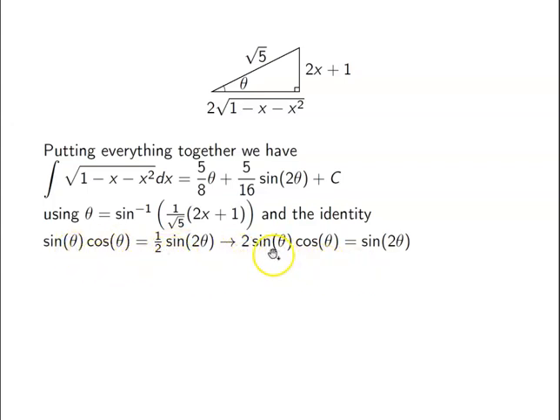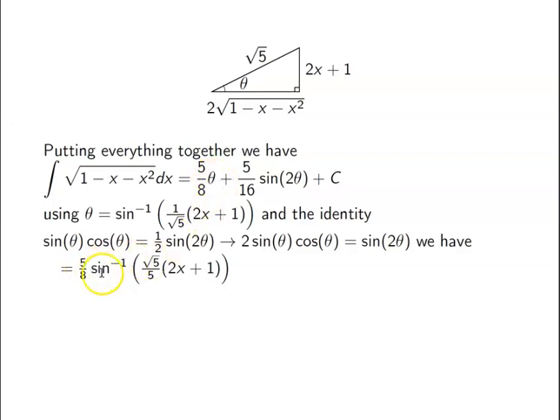Simplifying this, I can multiply both sides times 2. And so now I know what sine 2 theta is. I can replace it with 2 sine theta cosine theta because I can answer those with these identities. It's going to be really hard for me to answer 2 theta using this. We can, but it's easier using an identity. So coming back, I have 5/8 times theta.